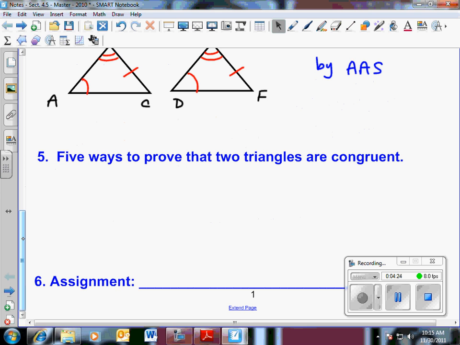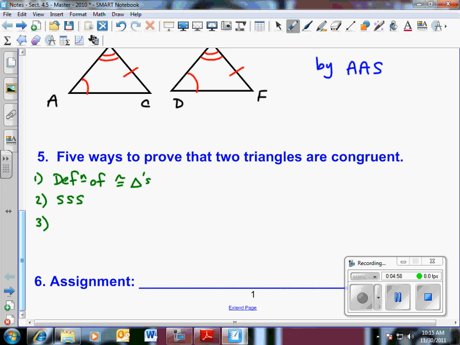5 ways to prove two triangles are congruent to each other. What are they? What's the way that is the longest if you had to prove it? The definition. So we're going to put down the definition of congruent triangles. That would be one way that you could prove two triangles are congruent. Give me another way. SSS.